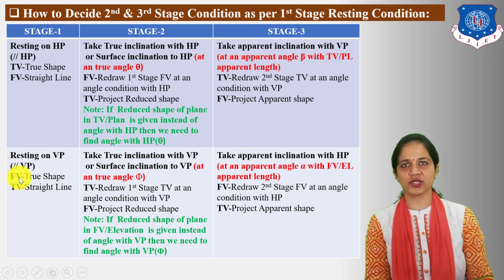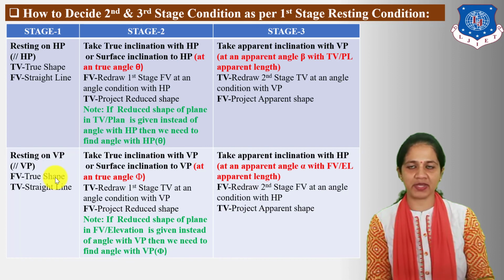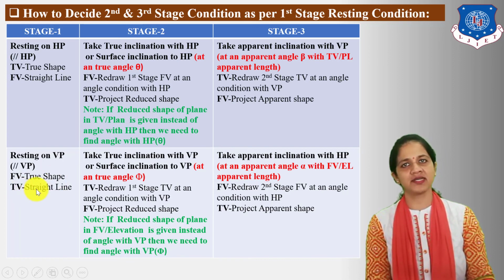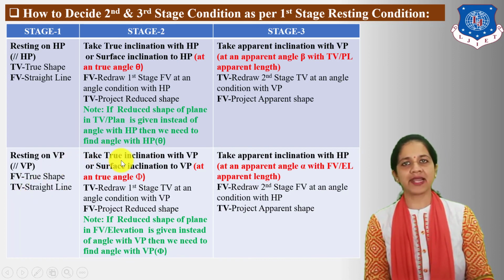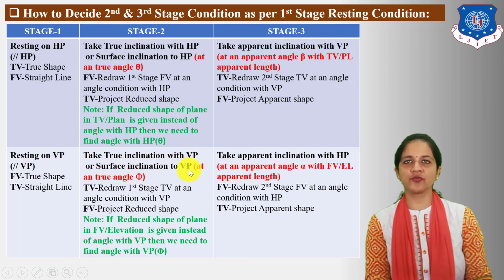Next, the second condition: resting on VP or parallel to VP for any plane. Here, the front view is always the true shape because the plane is parallel to VP, and the top view is always a straight line. In the second stage, we need to take the true angle condition with VP because the plane rests on VP, or the surface inclination to VP at a true angle phi.